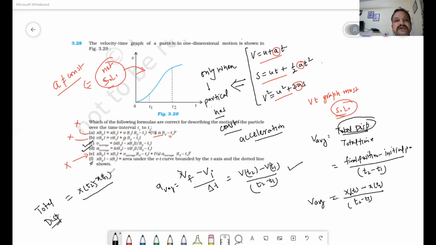So this option is also correct, and this total displacement is nothing but the area under the curve. Okay. So now we have covered all the points, and how many options are correct? C, D, F only. Only these three options are correct, and why they are correct we have already explained.